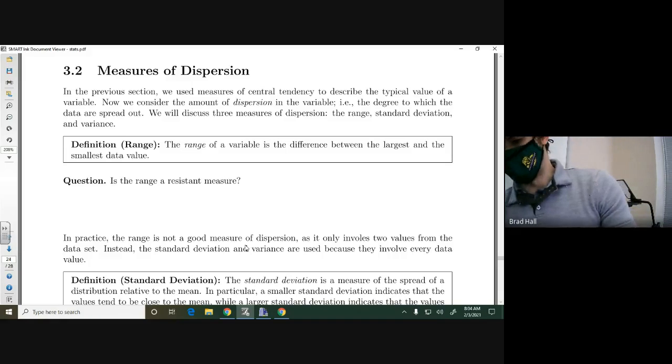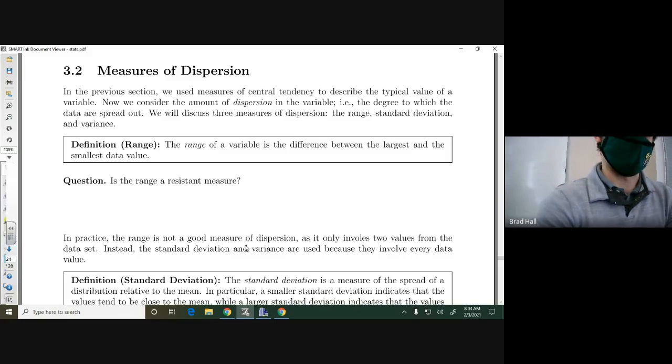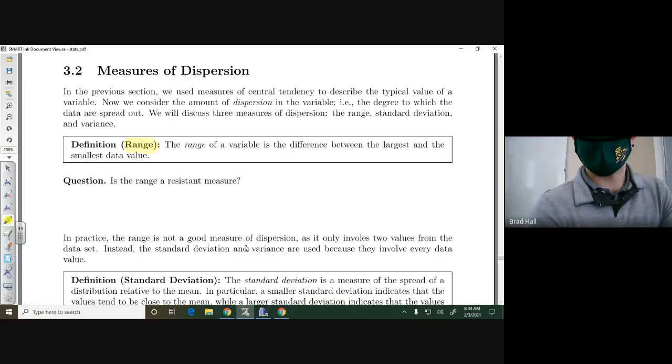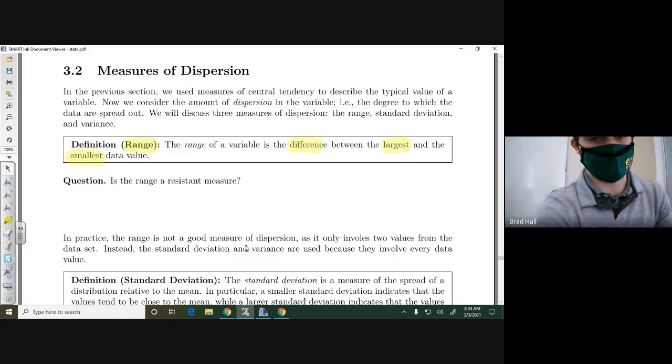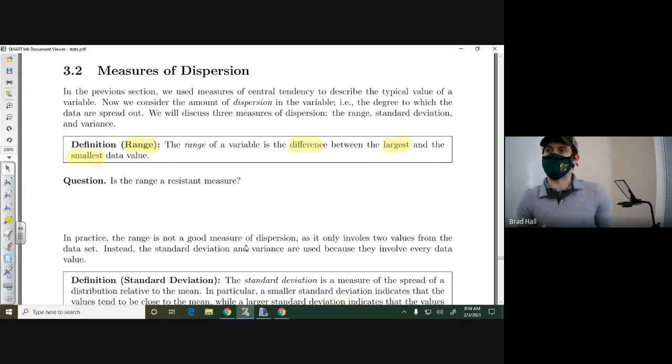What the range is defined as is just the difference between the largest and the smallest. So going back to grade school, it's the difference between the largest data value and the smallest data value.